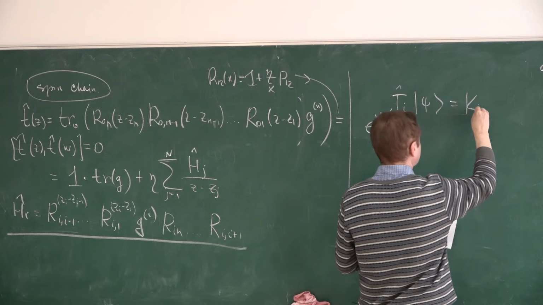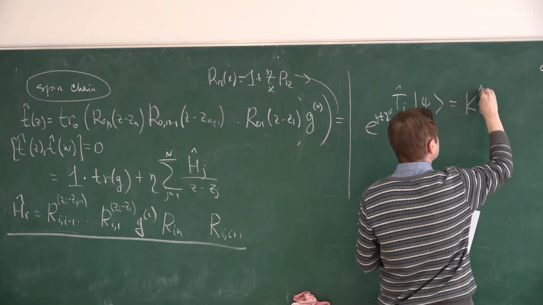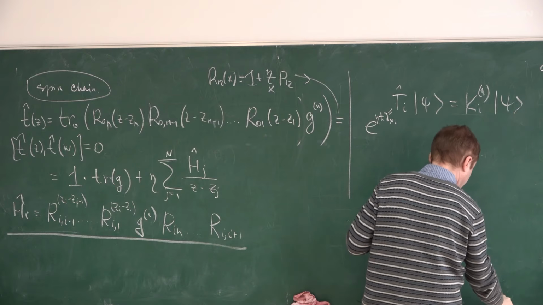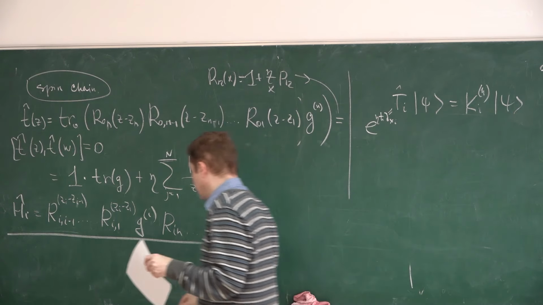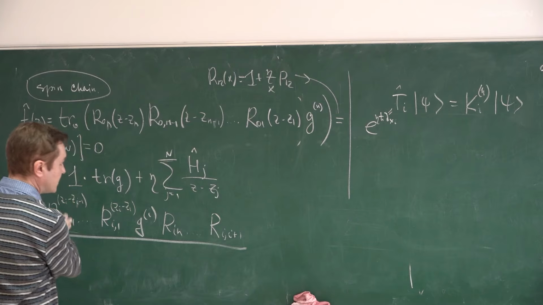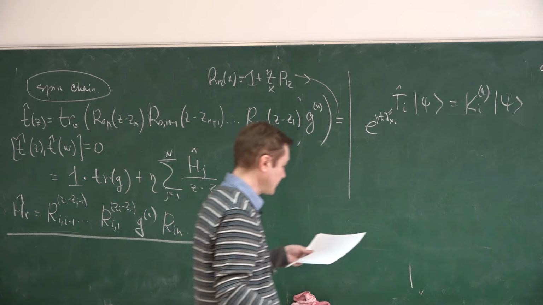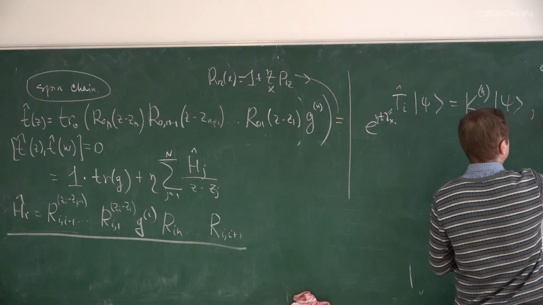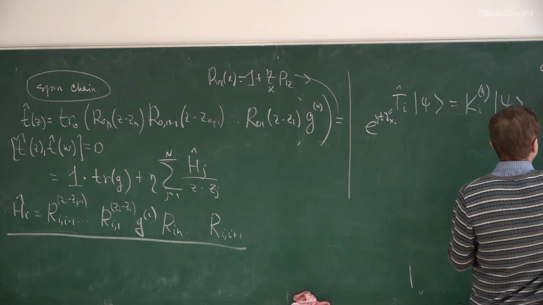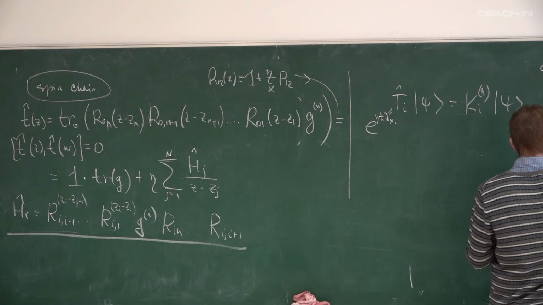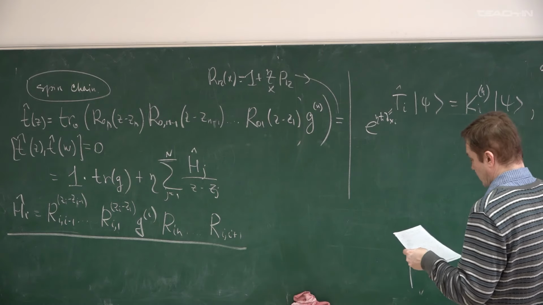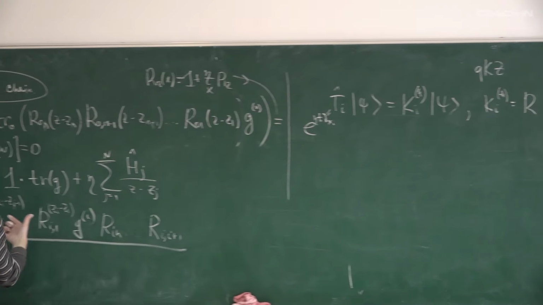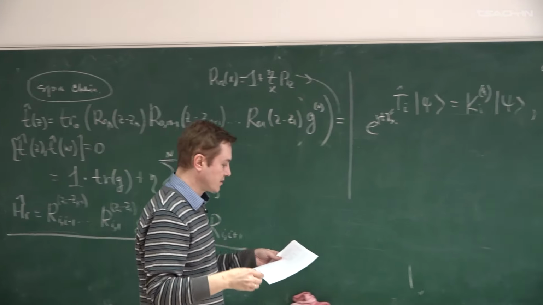And here we have some operators. The form of these operators is very similar to the form of these Hamiltonians, but not exactly. Let me write it here. This form is similar, but the first product of R matrices has R matrices with shifted arguments.